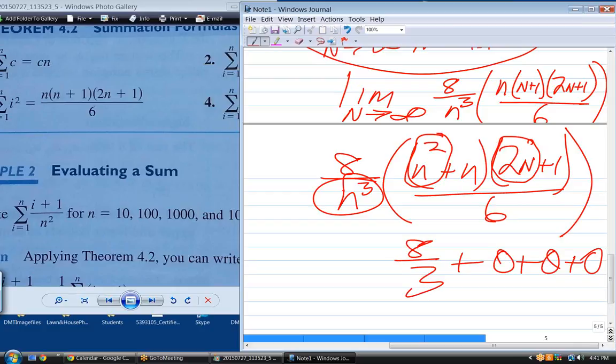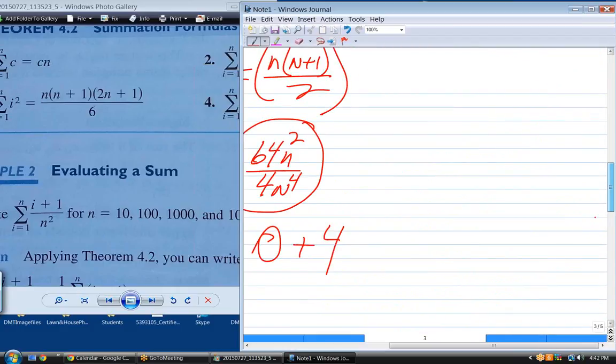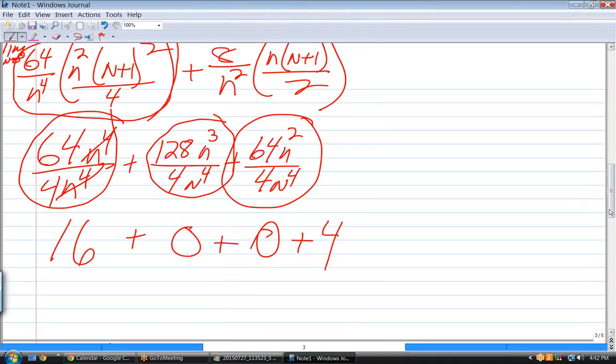The other 3 terms would all have an n left over in the denominator. So we get 8/3 doing it using the right-hand method.